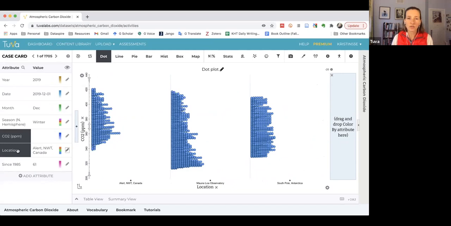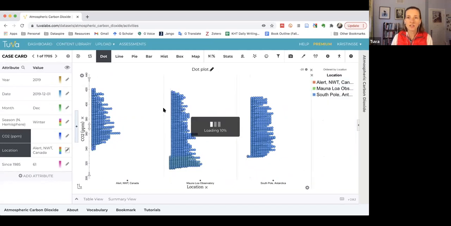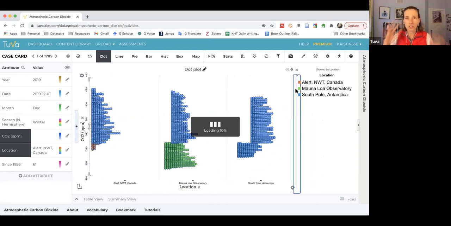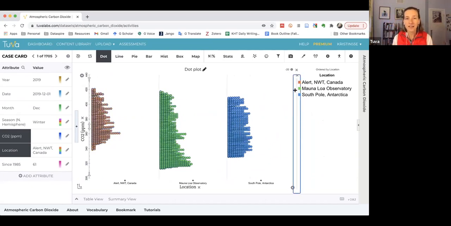Just to help us make sense of it, let's color the data by these different locations. This is still a lot of data to look at.